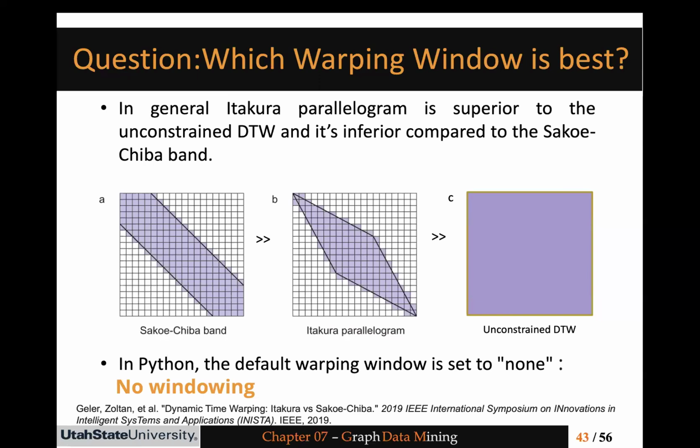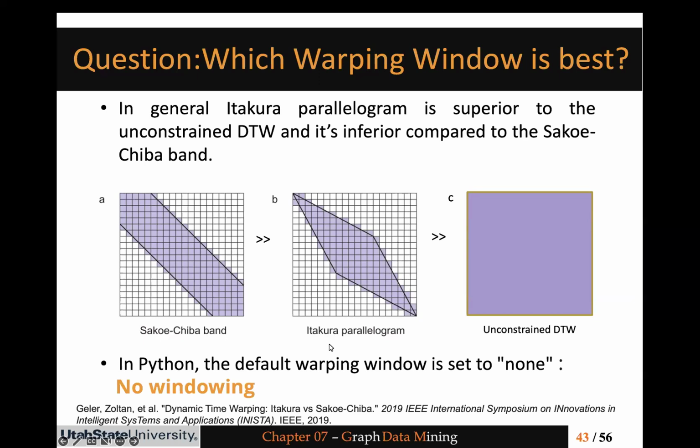In fact, empirically, and when I say empirically in computer science, it simply means using extensive experimentation and a lot of benchmark data sets, it has been found that in general, when you restrict dynamic time warping within some radius R, using a rectangle approach is better than having an unconstrained DTW, which is also probably better than the parallelogram.